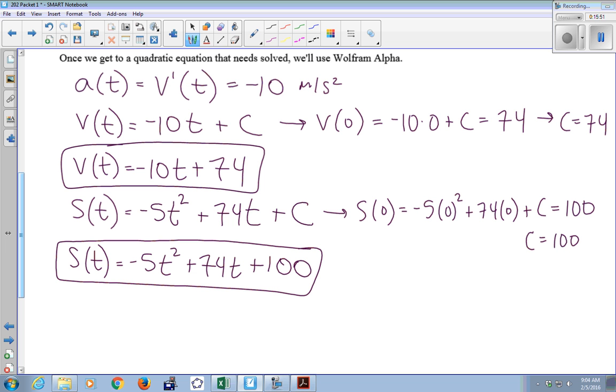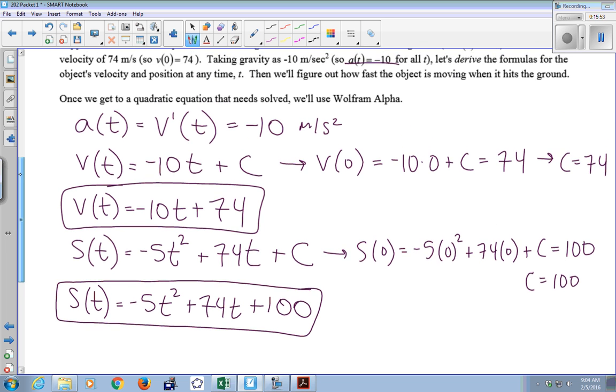And now that I know the position function, I can use it to answer the question. Actually, it's the velocity. I need both of them. I want to figure out how fast the object is moving when it hits the ground. So I have a function that tells me how fast the object is moving at any given time, right? So I have to know at what time it hits the ground. How could I figure that out?